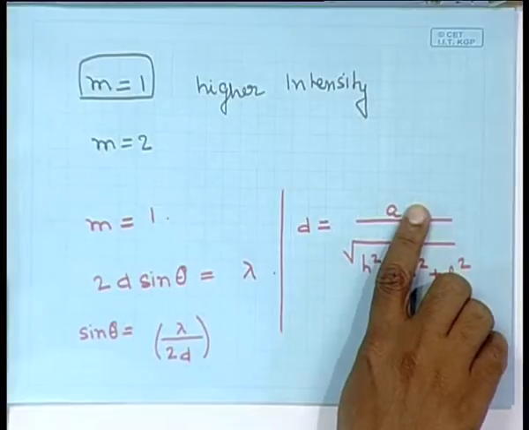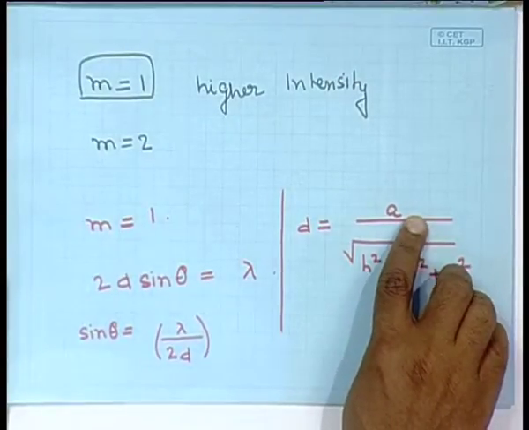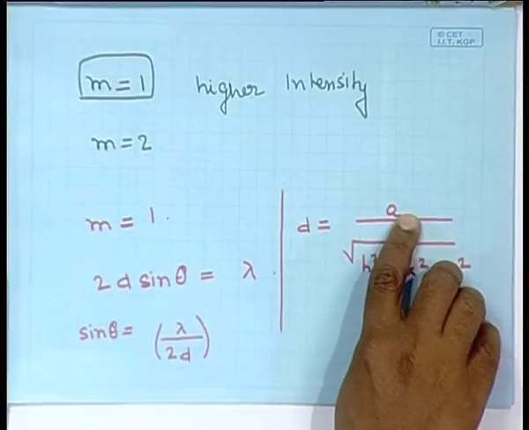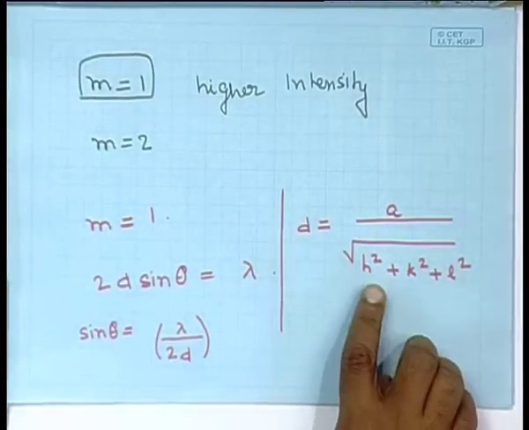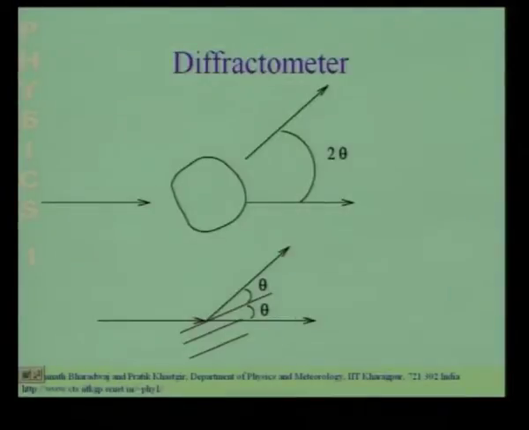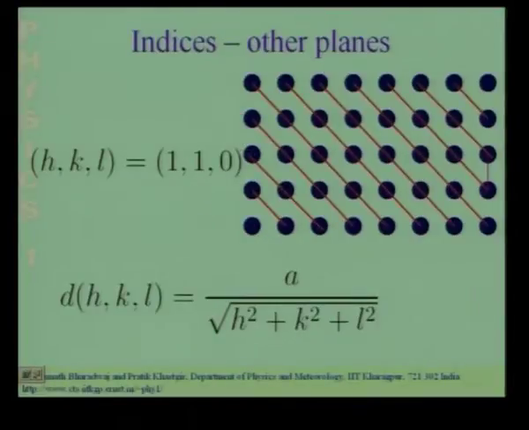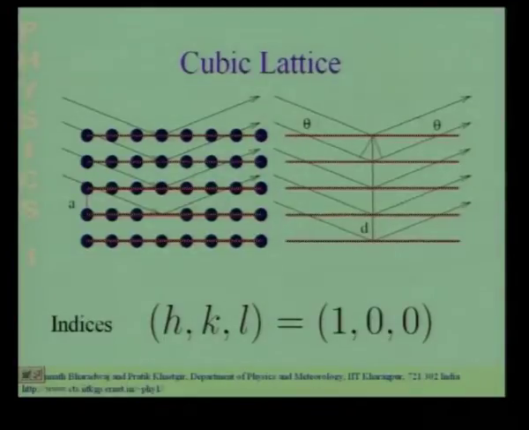For a crystal, a is fixed, that is the interatomic spacing, the lattice constant or the periodicity of the crystal. So, d can change because of the change in the Miller indices. You can look at different possible planes, you have this possibility or this possibility, and this has a smaller value of d compared to this.